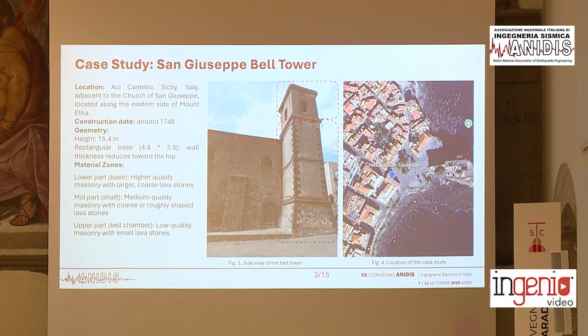The case study of this research is the bell tower of San Giuseppe in Aci Castello, in the municipality of Aci Castello in the metropolitan city of Catania. Its construction dates back to 1748.